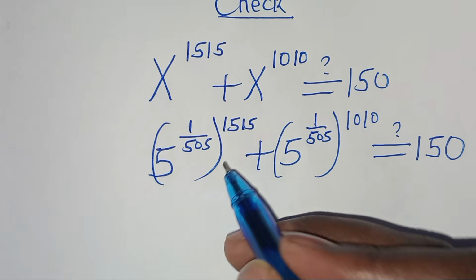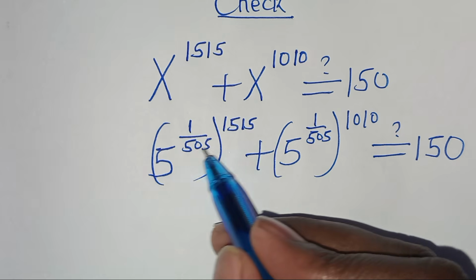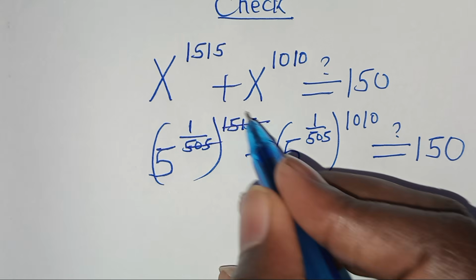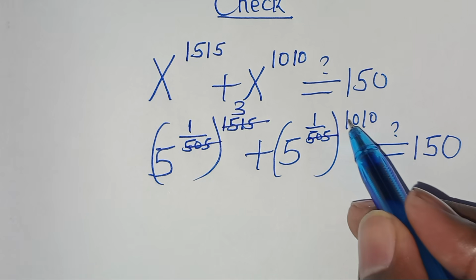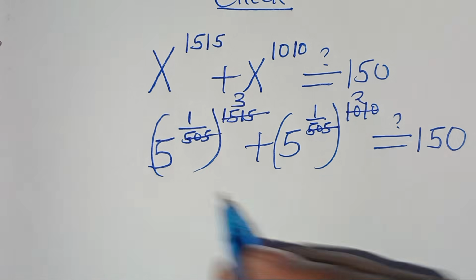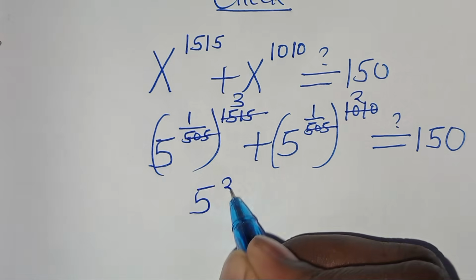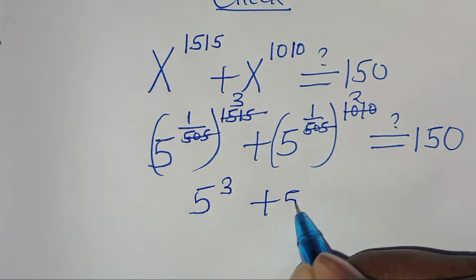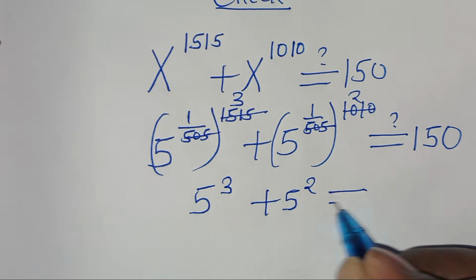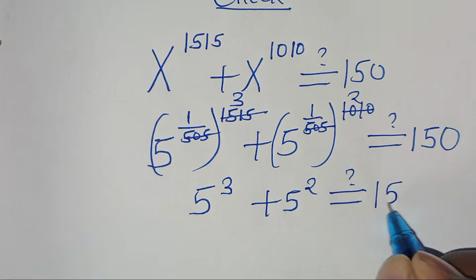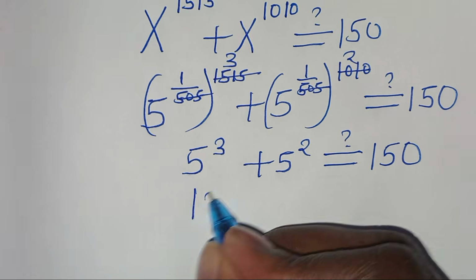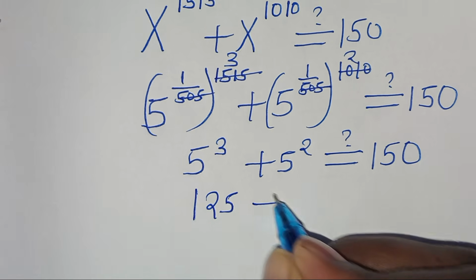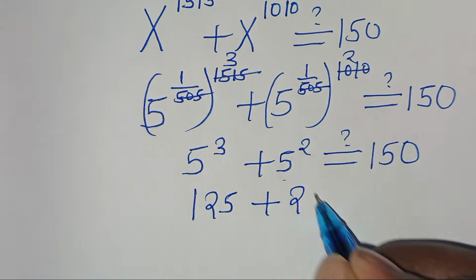Let's simplify here. 15 divided by 505, this is equal to 3. And we have 10 divided by 505, this is equal to 2. So we have 5 to the power of 3 plus 5 to the power of 2. This should give us a value of 150. 5 to the power of 3, this is 125, plus 5 squared, this is 25.